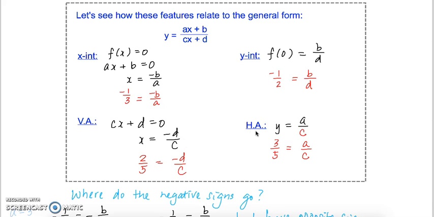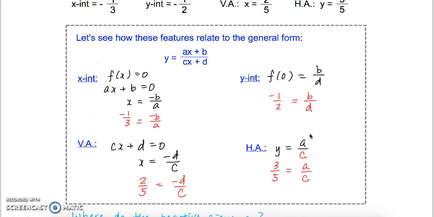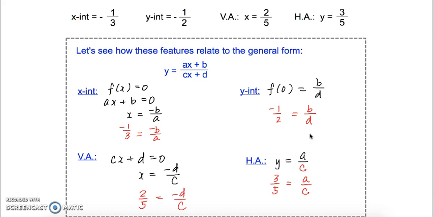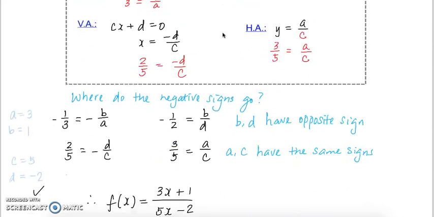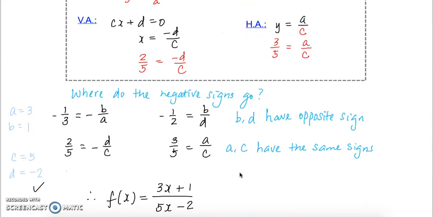And then for your horizontal asymptote, it will be the shortcut where y is equal to the coefficient of x in the numerator over the coefficient of x in the denominator, or a over c. So now if I compare these ratios of a, b, c, d to these actual values of the x-intercept, y-intercept, VA, and HA, what can be done?